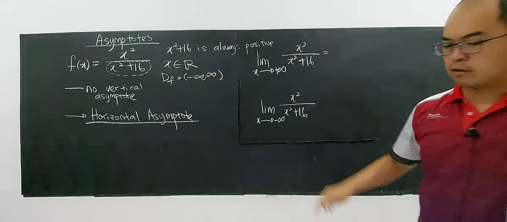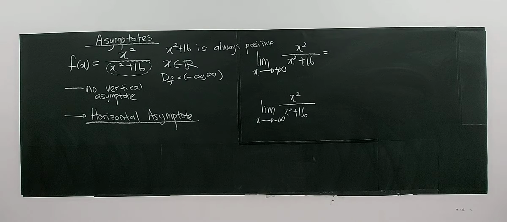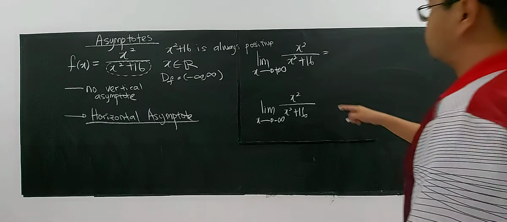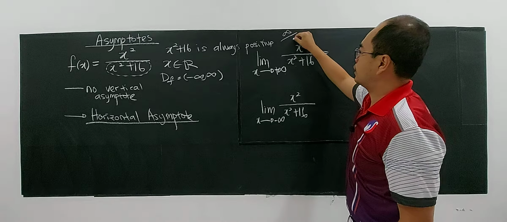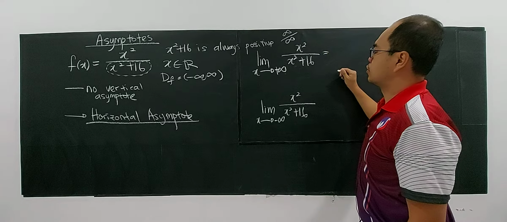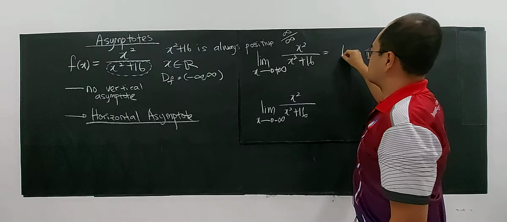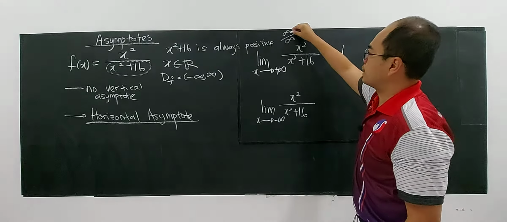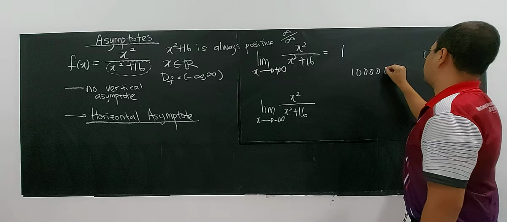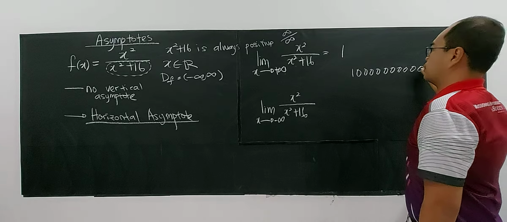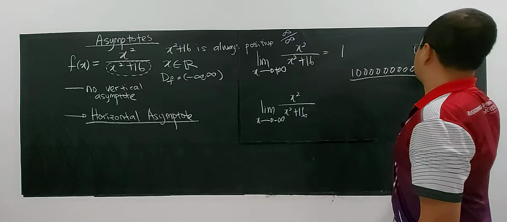To evaluate this type of limit, if you substitute infinity here, you are getting infinity divided by infinity. As I tell you, I know the answer is 1. Why? Because at infinity, x squared is a very big number.